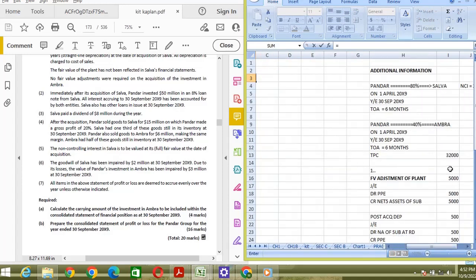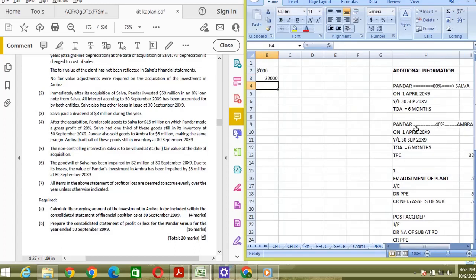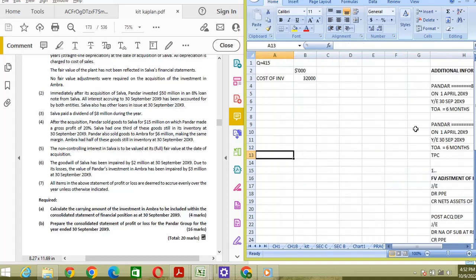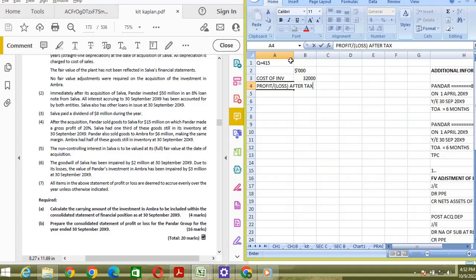Here you can see we have done 32,000. Now we will add profit after tax of associates; in case of profit we write profit, if there is loss, then loss after tax.